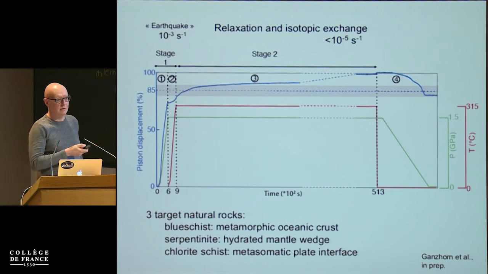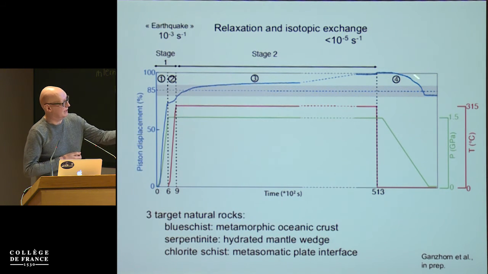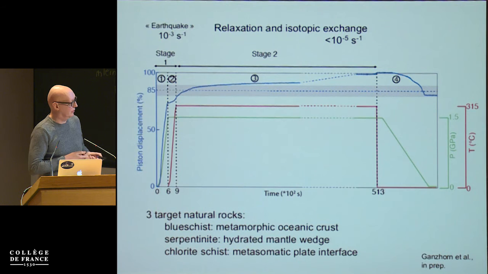It's a very large deformation that takes place in a short time. Then we increase the temperature, and we have a stage where we have some relaxation, and of course the isotopic exchange takes place at this time, and then we quench the system, first the temperature and then the pressure.